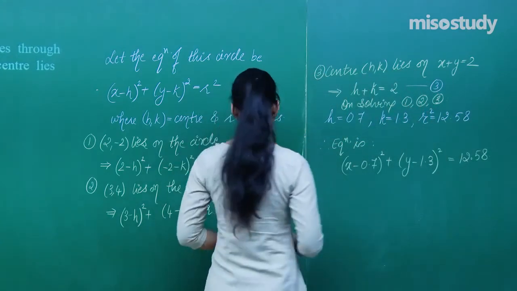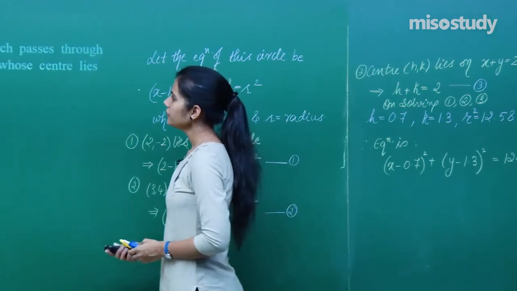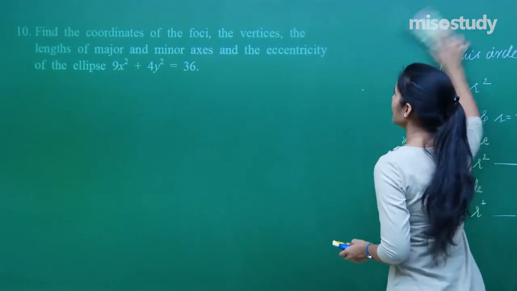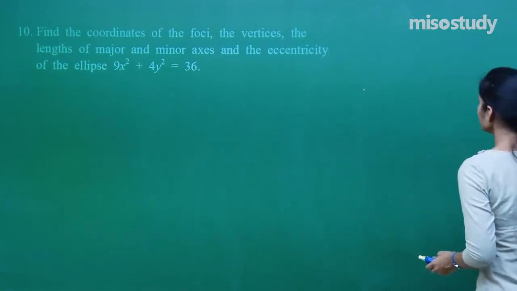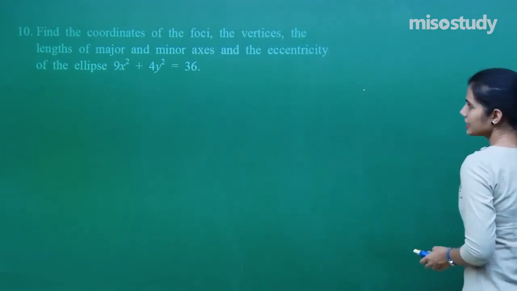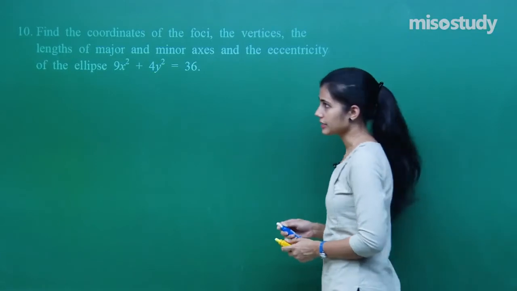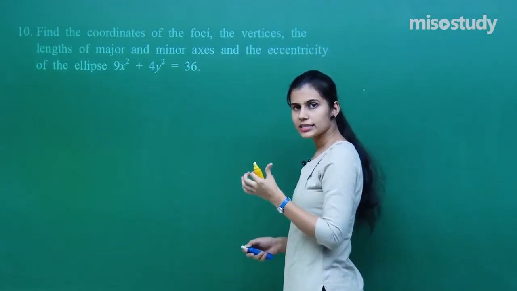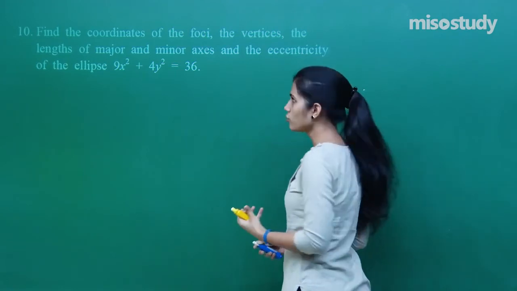Is it clear? Next we have find the coordinates of the foci, vertices, length of the major and minor axis and eccentricity of the ellipse 9x square plus 4y square equals 36. Now we have to by the equation decode whether the ellipse is having major axis along x axis or major axis along y axis.